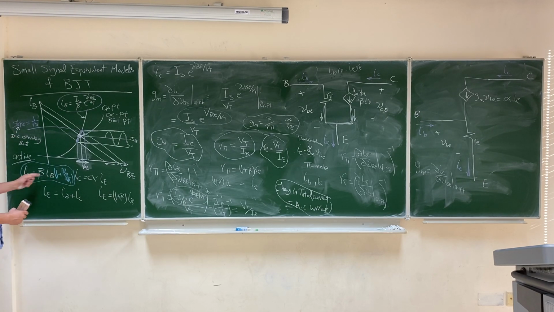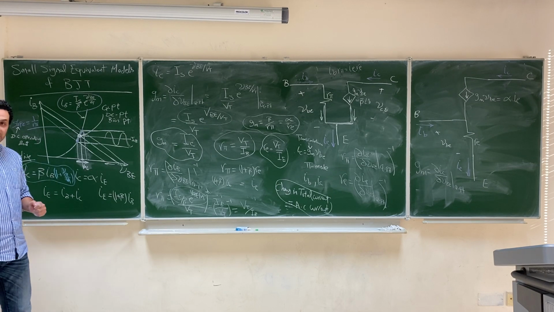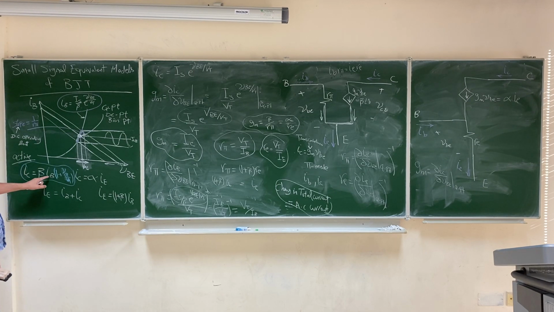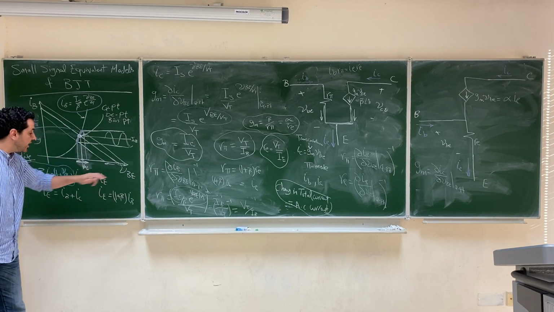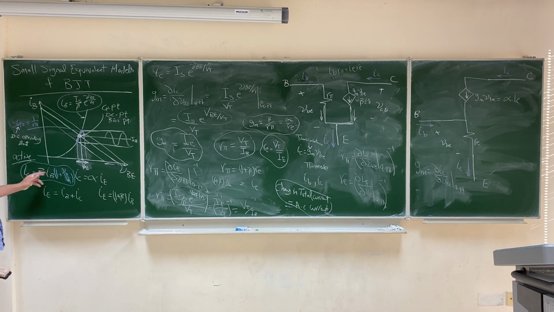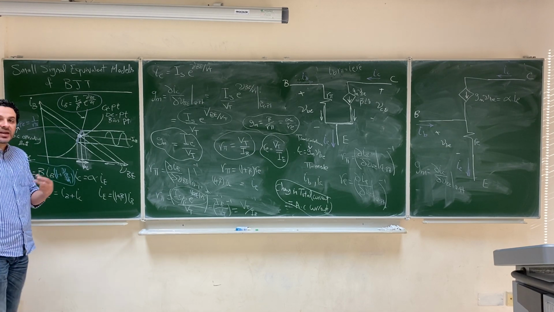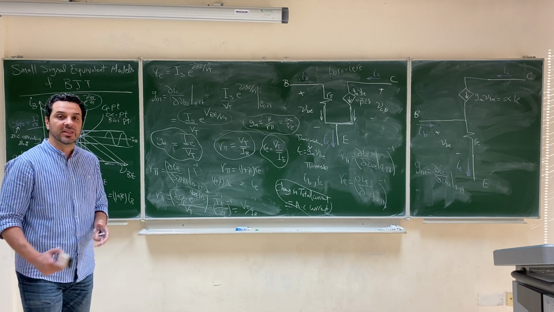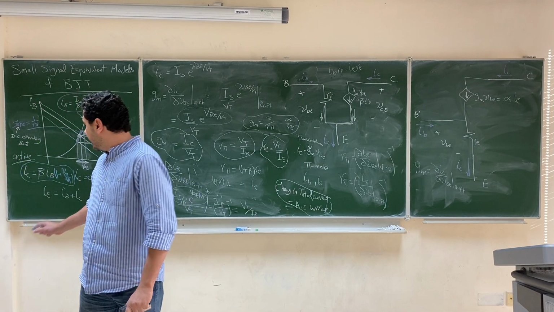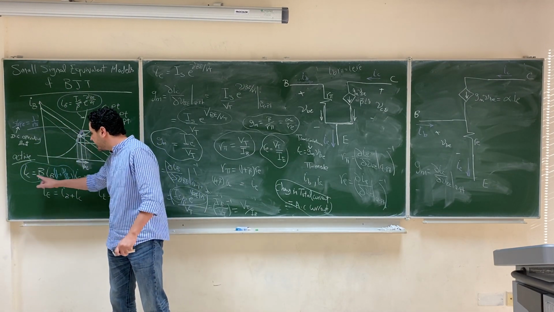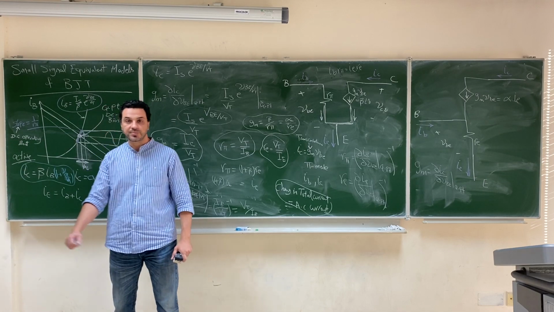This means that IC also depends on VCE, right? It doesn't depend only on VBE or on I base. It depends also on VCE. So there is a relation between IC and VCE, which means that if VCE is changing a little bit, IC also will change.